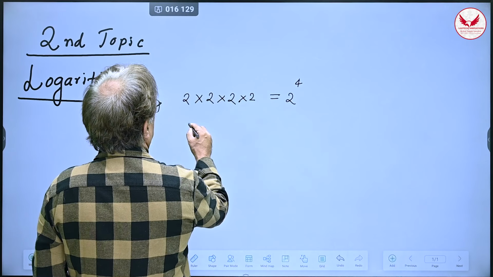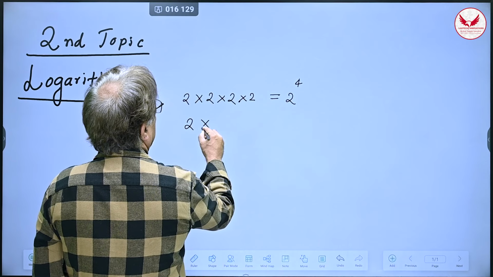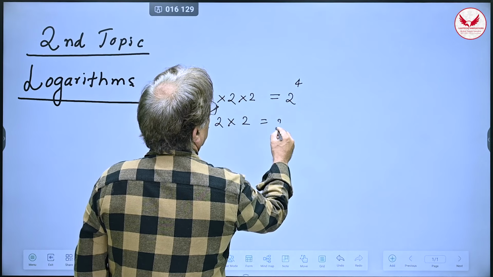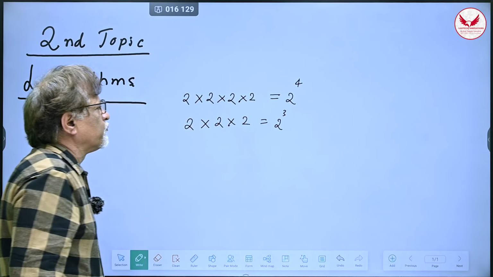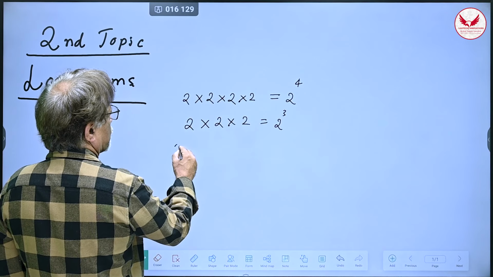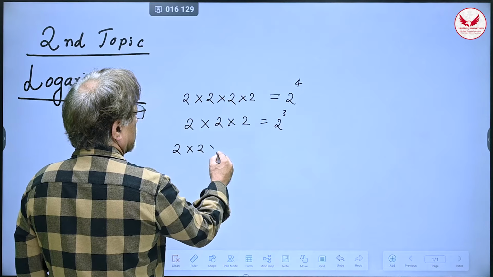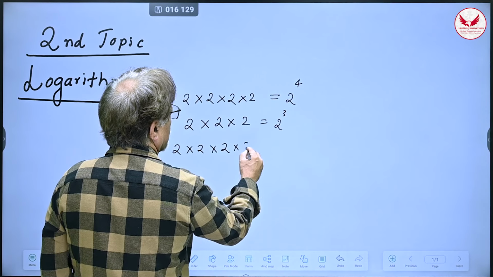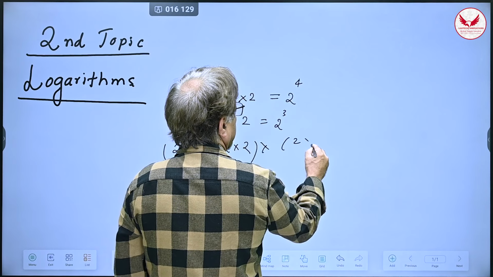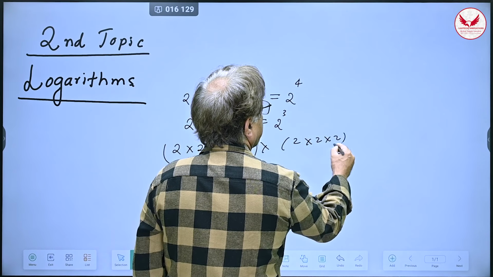So 2 raised to 4 was a notation reserved for this. Now if I have 2 raised to 4 and then again I have 2 raised to 3. Now if I multiply both, that means 2 into 2 into 2 into 2, multiplied by 2 into 2 into 2, right?